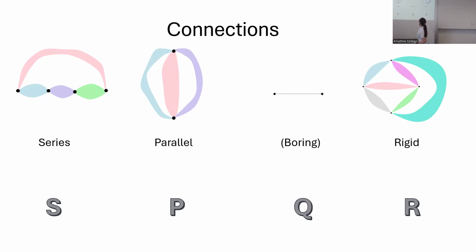Then there is this sort of boring edge case of just literally one edge, that we use as a leaf of the SPQR tree. And the last way to connect the parts is in this rigid way, which means that we take some smaller graphs and we connect them in a triconnected fashion, basically.